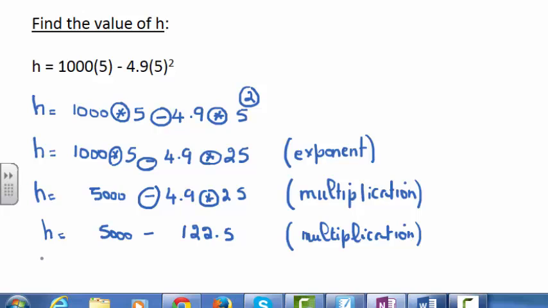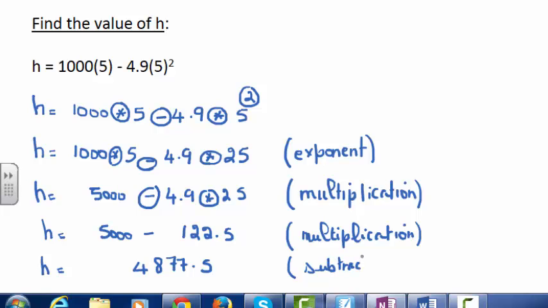Now, the last step is going to be the subtraction. 5000 minus 122.5 equals 4877.5. And as you know, this is subtraction. And I can finalize my answer by putting this final answer in a small rectangle to show that this is the final answer. Let's see another example.